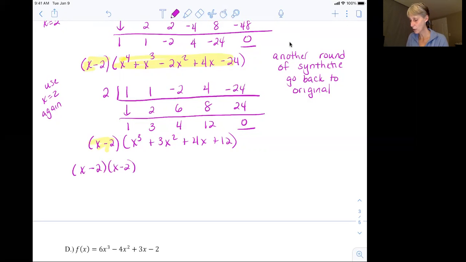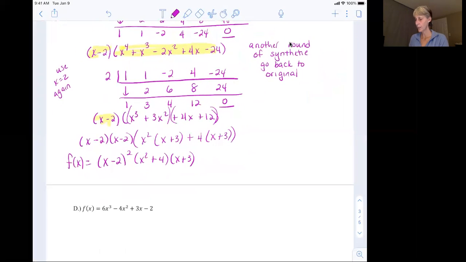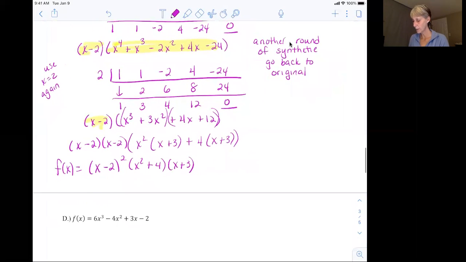Now I can use factor by grouping. x squared times x plus 3, plus 4 times x plus 3. So my factored form is x minus 2 squared, x squared plus 4, and x plus 3. There's your factored form.